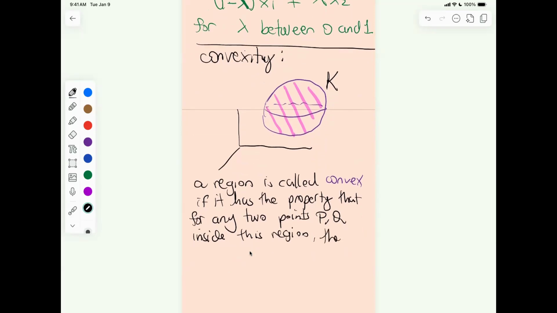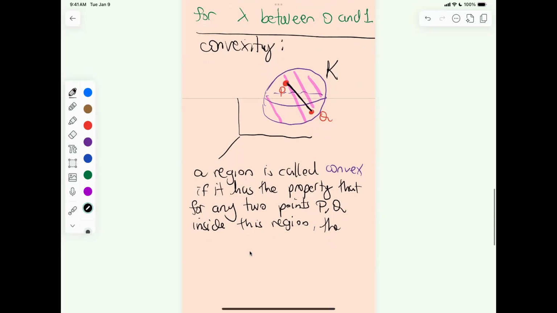Let me start drawing the picture. I have a point P here, and a point Q here. I can connect them with a line segment, and if that line segment can be drawn entirely inside the region, regardless of which points I choose, then the region is called convex.